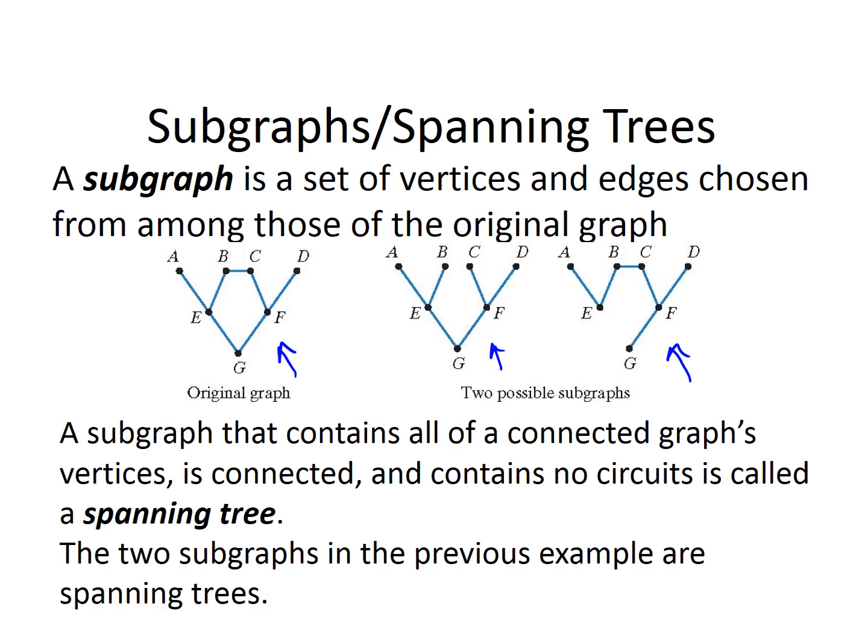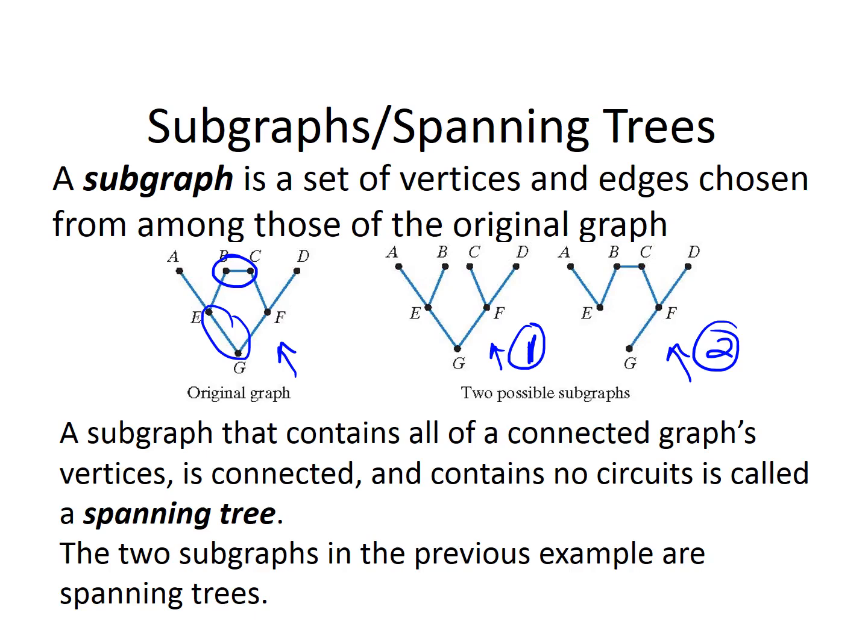Notice that both of those two graphs over here contain all the original vertices, but their edges are a subset of the edges already there, right? Like this one labeled number 1 is missing this edge, and the one labeled number 2 is missing this edge. But they only have edges that are on the original graph.